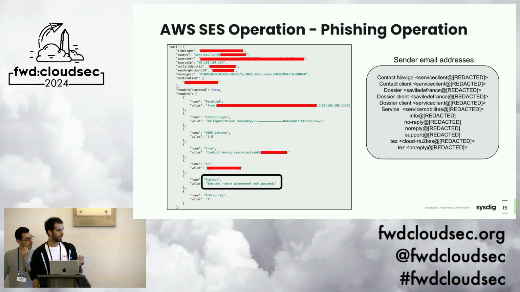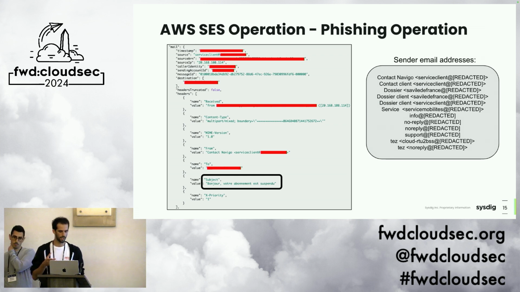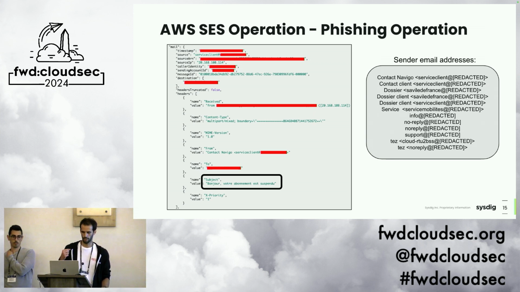From here, we can see that the attacker was impersonating the Navigo support. In fact, we can read things like service client, Navigo client, and the subject in this case is in French, and it means your membership card has been suspended. So we can guess that the email said something like, in order to renew it, click here, and of course it would contain a malicious link aimed to steal credit card details of the recipients.